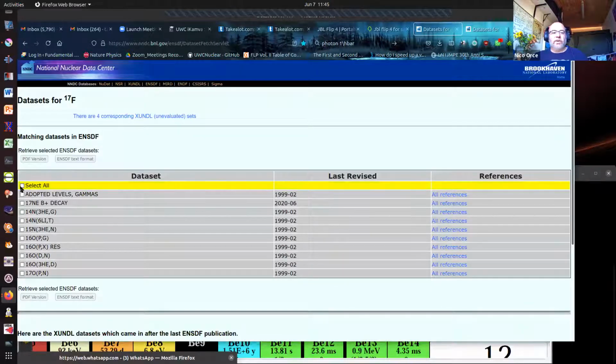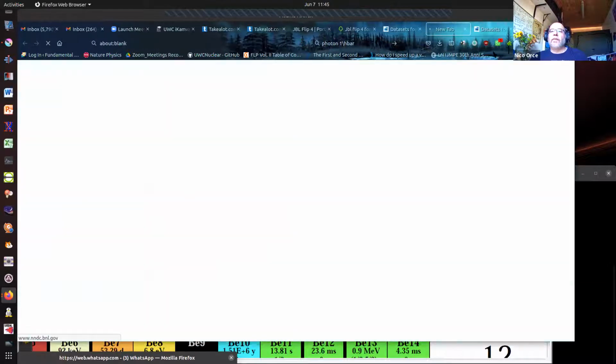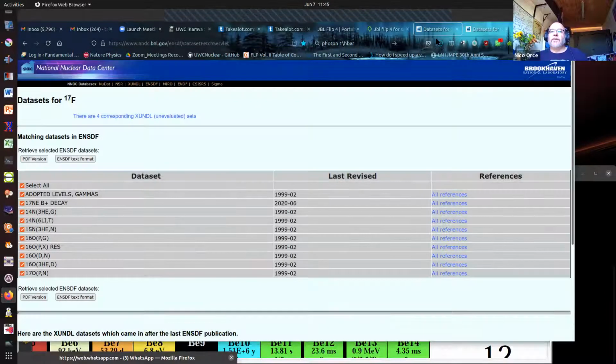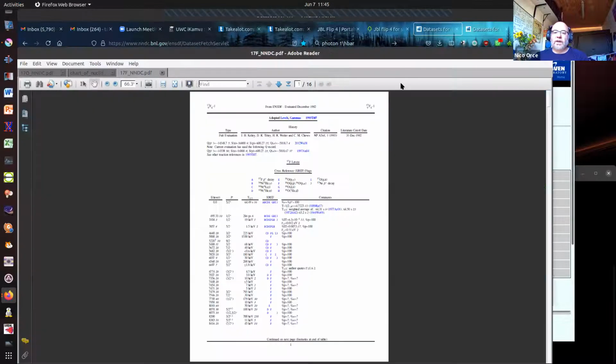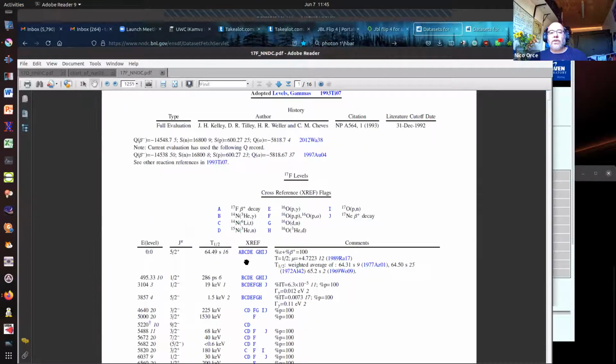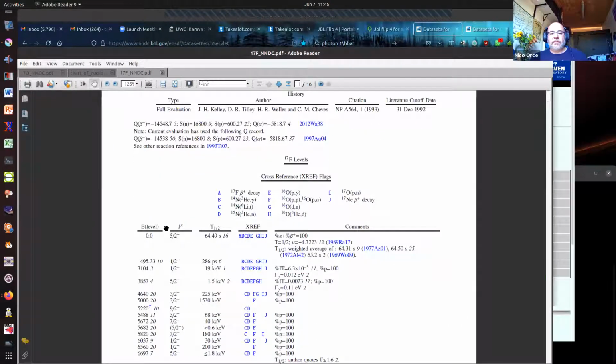So select all, PDF, 17 fluorine and NNDC. So you open it, and here we go. The first excitation is a 1/2 plus. Actually, very similar to oxygen 17. You see, 5/2 plus, 1/2 plus, and again a big jump, 1/2 minus.